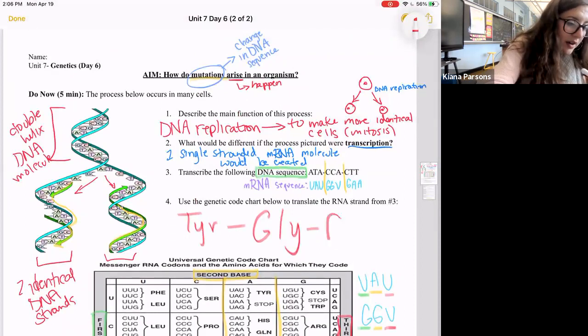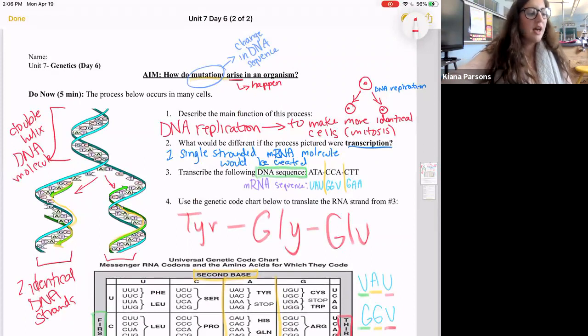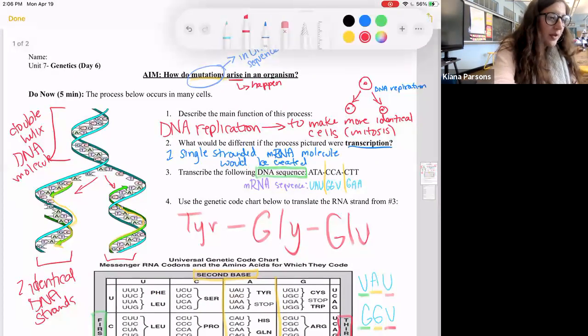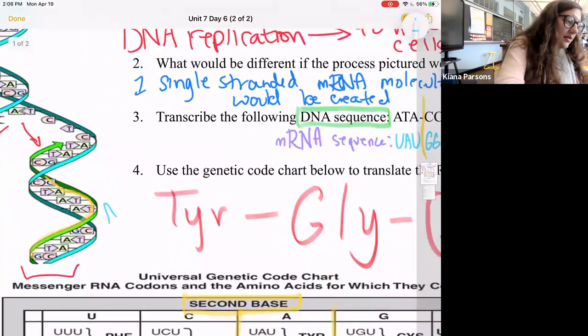So our amino acid sequence is TYR, GLY, GLU. This is our amino acid sequence.